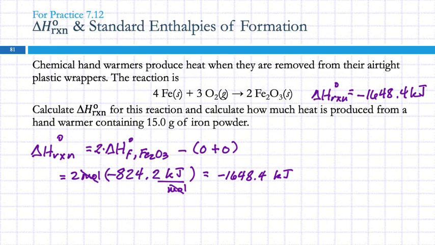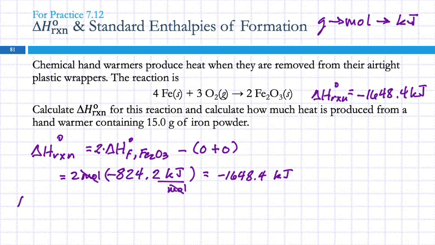How can we figure out how much heat's released when 15 grams of iron powder reacts? Grams to moles to kilojoules, right? It's a variation of grams to moles to grams. Because we're doing heat here, we don't need a second mole in there.